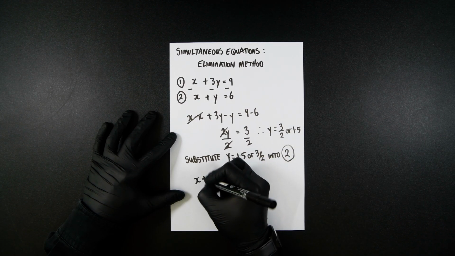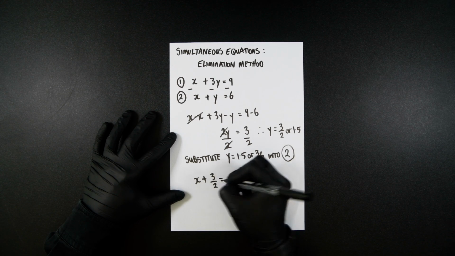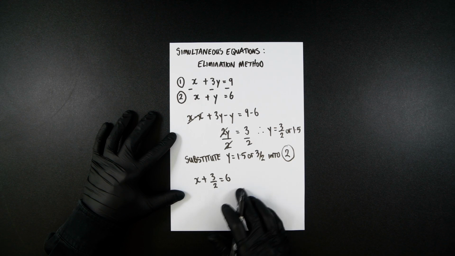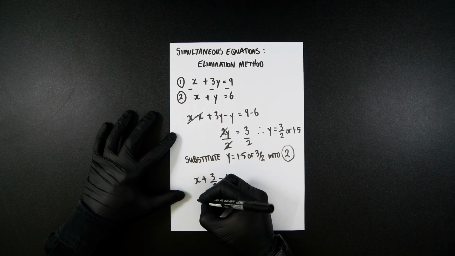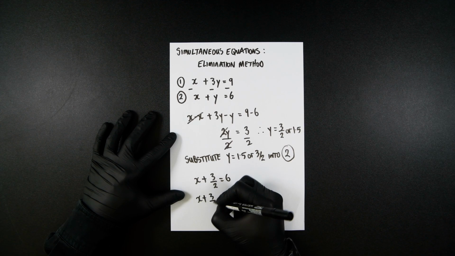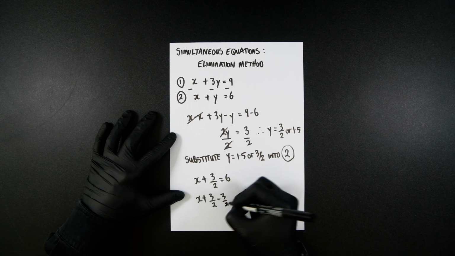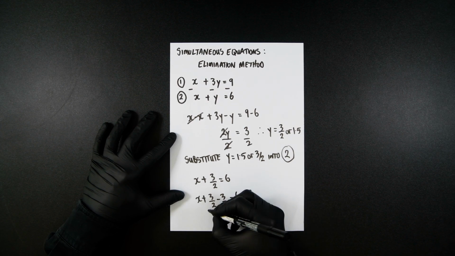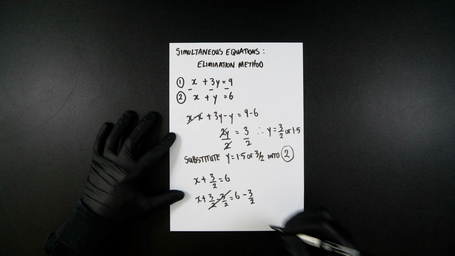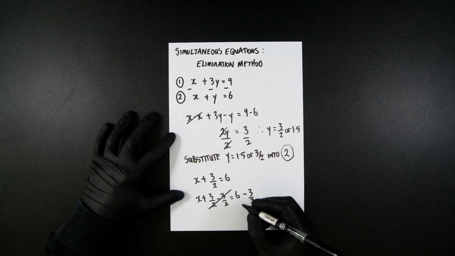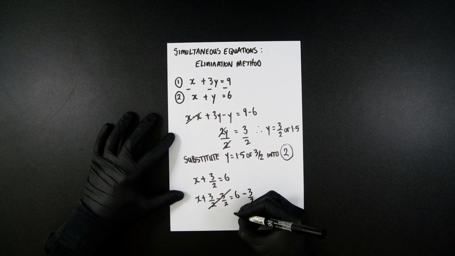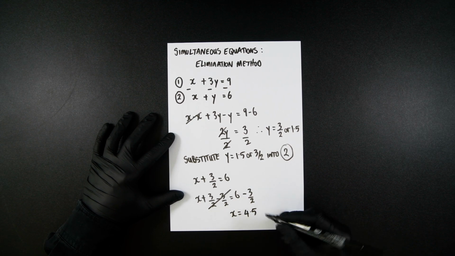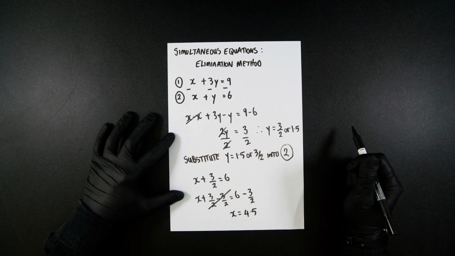So you'll have x plus 3 over 2, which equals 6. If we now subtract 1.5, or 3 over 2, from both sides, we're going to get x plus 3 over 2 minus 3 over 2, which equals 6 minus 3 over 2. This would cancel out, and 6 minus 1.5 would be 4.5, so x would equal 4.5. So now we have a solution for x, and we have a solution for y.